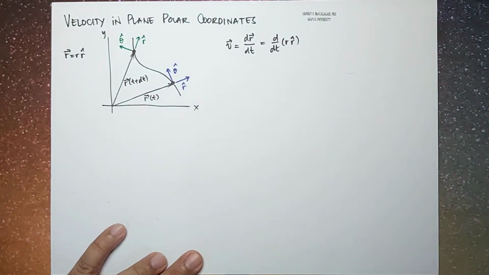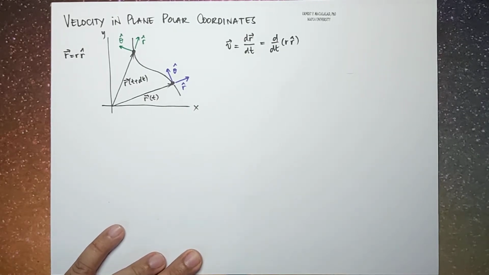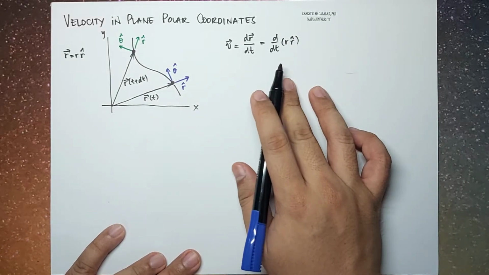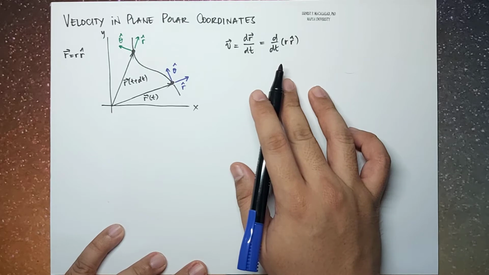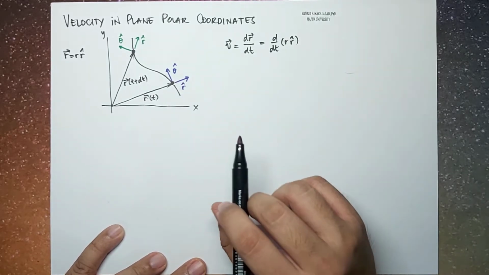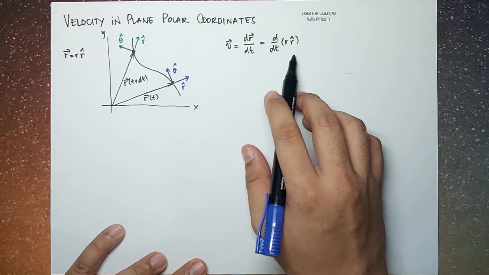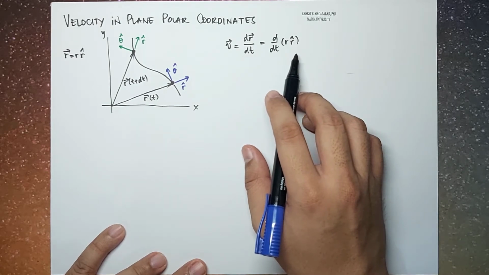So you will notice that the unit vectors r hat and theta hat change as the position of the particle changes. That means, unlike your i hat and j hat, the time derivatives of both r hat and theta hat will not vanish. In fact, in order to take this derivative, we have to use the product rule.